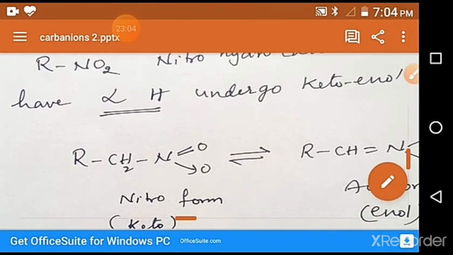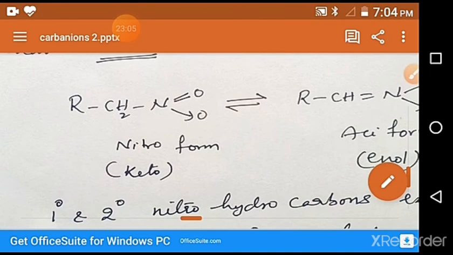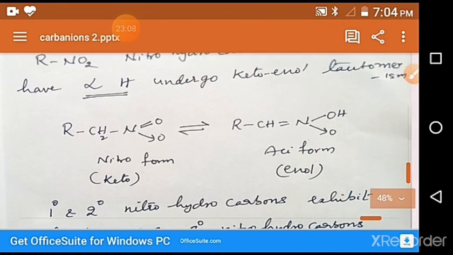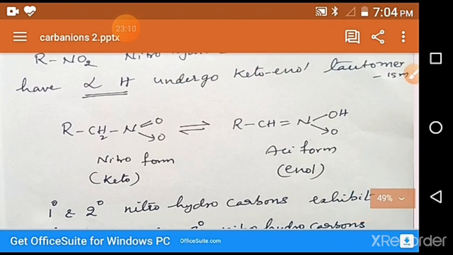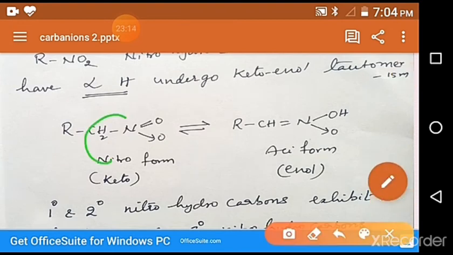Nitrohydrocarbons which have alpha hydrogen only exhibit this type of tautomerism. You see, these are the alpha hydrogens, and the nitro group is there. So two essential conditions are required: an alpha hydrogen should be present and a nitro group should also be present in that molecule to exhibit tautomerism.